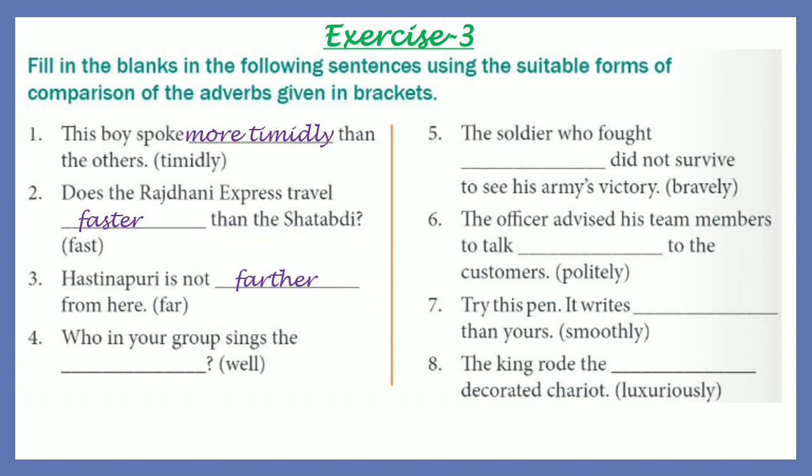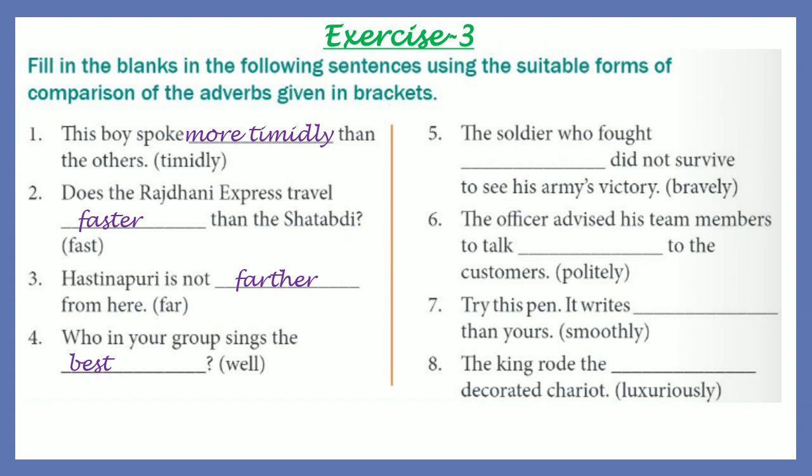Number 4. Who in your group sings the dash? Well is given and the is used before the blank. So this gives an idea to use the superlative degree of well, that is best. Irregular form of comparison. Number 5.